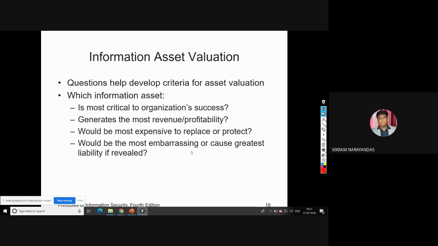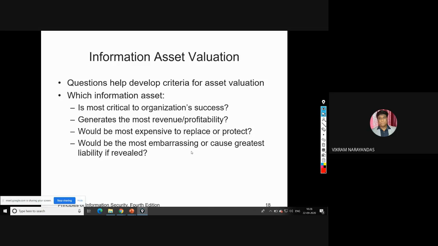In order to finalize this step of the information asset identification process, each organization creates a weighting based on answers to the previous questions. Calculate the relative importance of each asset using weighted factor analysis.